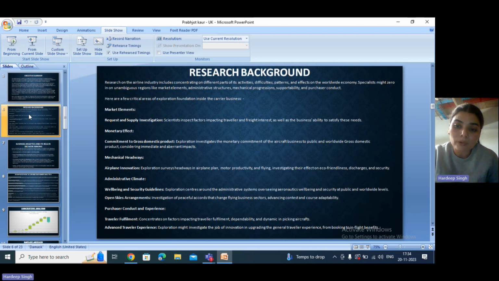So there are a few critical areas which I'm going to address in this assignment: market dynamics, demand and supply analysis, economic impact, contribution to GDP, technological advancement, aircraft technology, regulatory environments, and all that. Because these are the basic challenges that the management of the airline has to face.